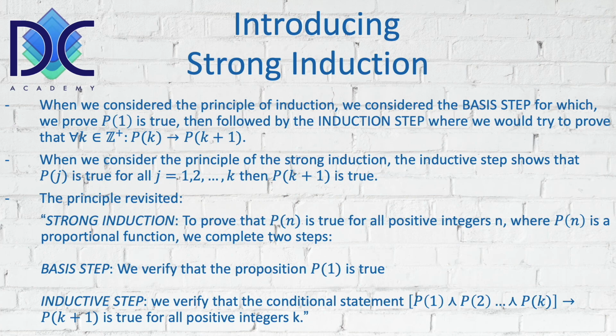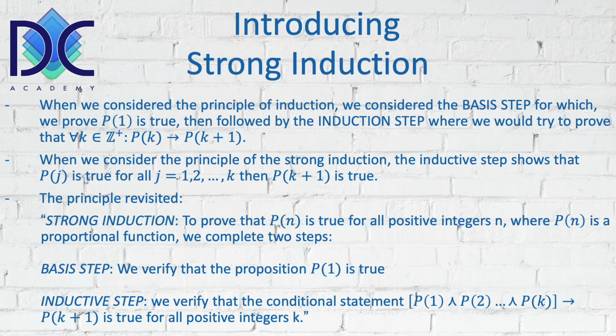Now let's have a look at the principle again. Strong induction means that to prove that P of n is true for all positive integers n, where P of n is a propositional function, we have to complete two steps. The basis step is still the same. We verify that the proposition P of 1 is true. And then we look at the inductive step.